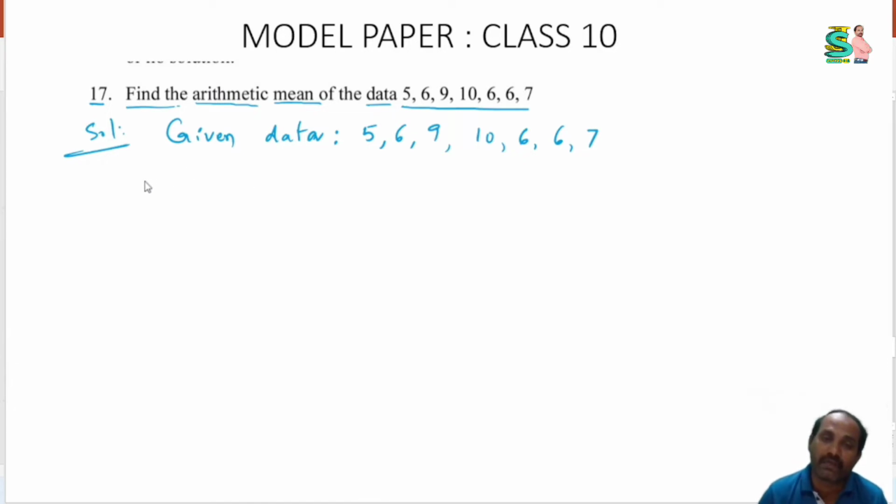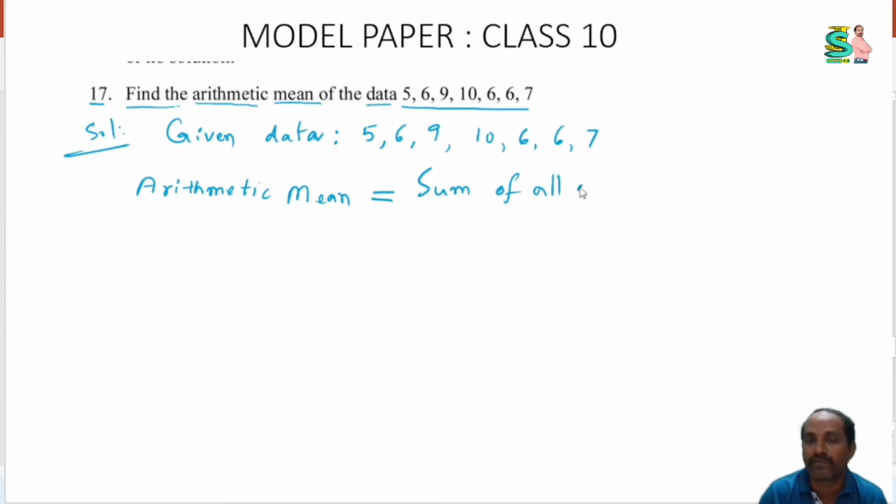So mean, arithmetic mean is equal to, what is the formula? Sum of all observations by number of observations.